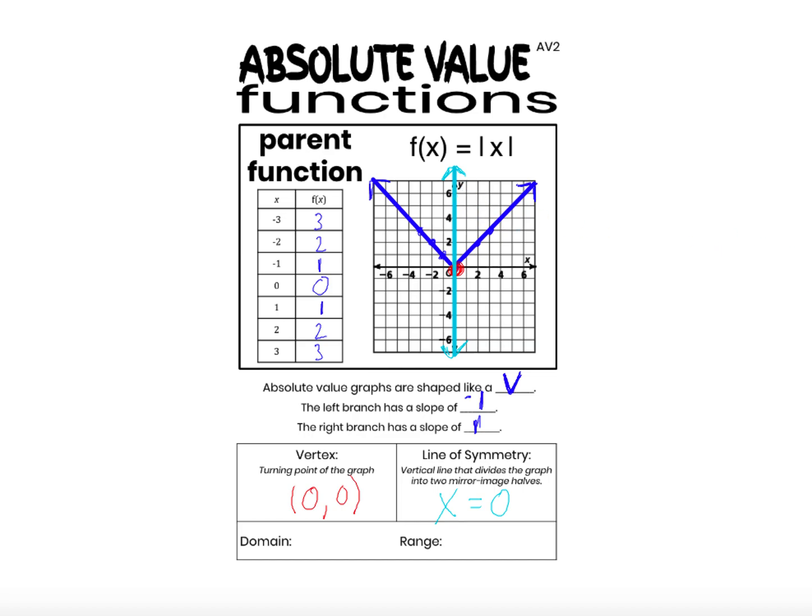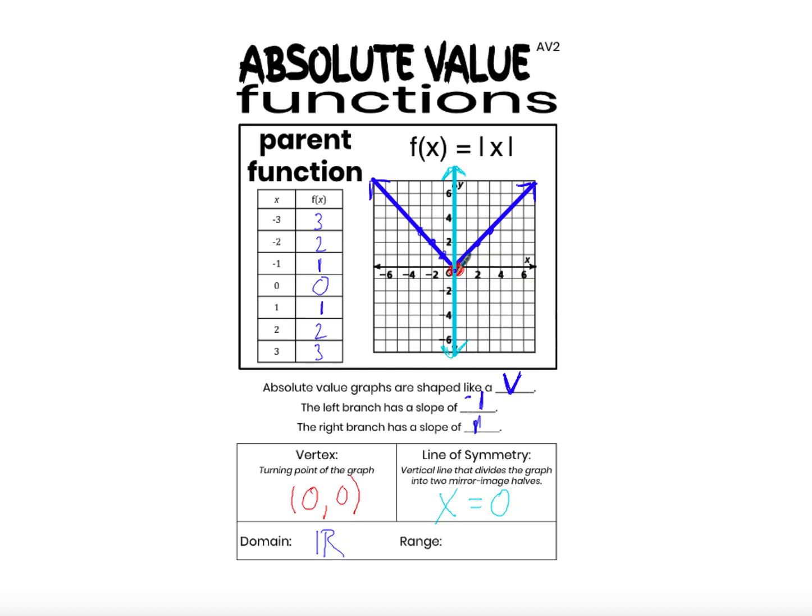The domain of the absolute value parent function is all real numbers. This line goes forever to the left toward -infinity and forever to the right toward +infinity. The range, however, is not all real numbers. There are no negative outputs of the absolute value parent function.